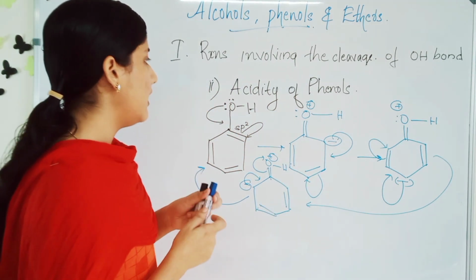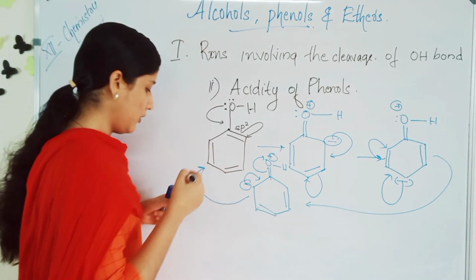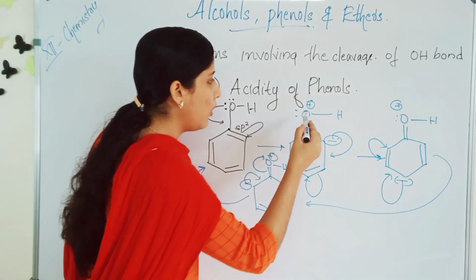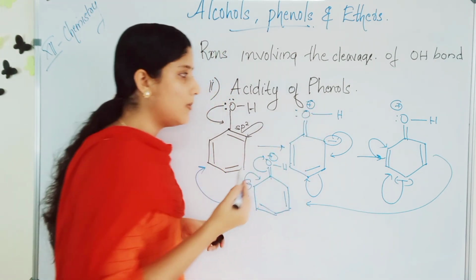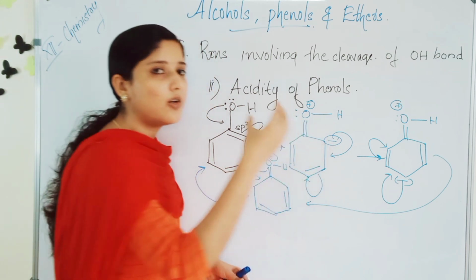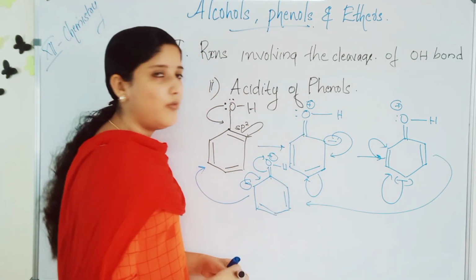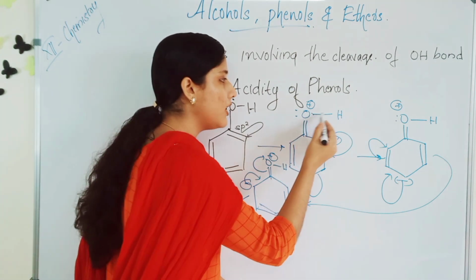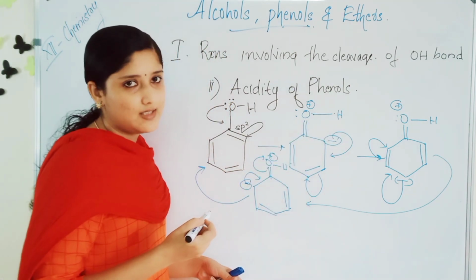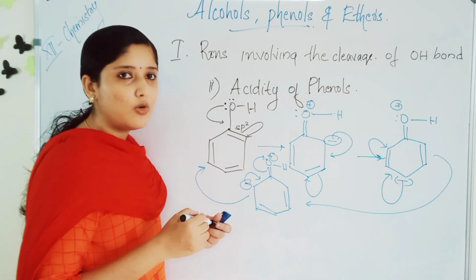Okay, so here you can see what, hope it's clear for you. Here you can see the oxygen is always having a positive charge, isn't it? So in a phenol, due to the electron withdrawing nature of this aromatic ring, always the polarity of OH bond increases. In an alcohol, if you are using an electron releasing group, what happens?